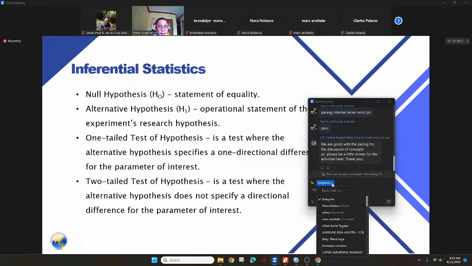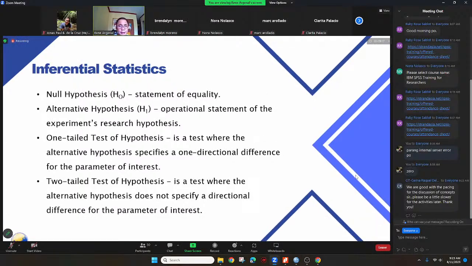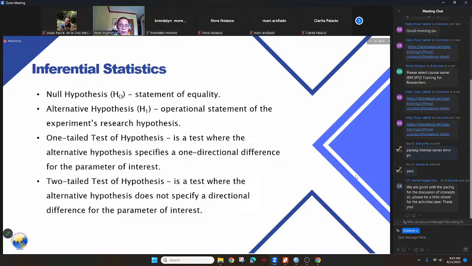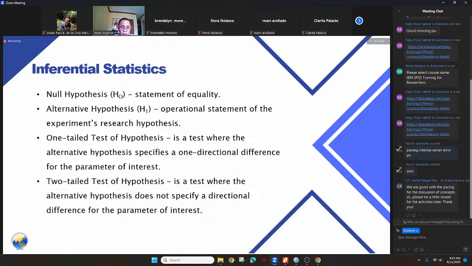For example, your null hypothesis is there is no significant difference between the average IQ of the students coming from provincial high schools and city high schools. So there is no difference. That is your null hypothesis.